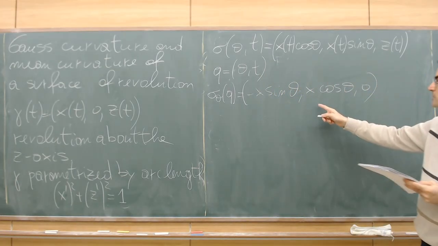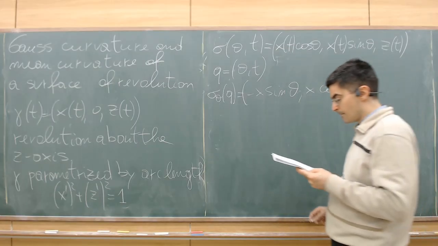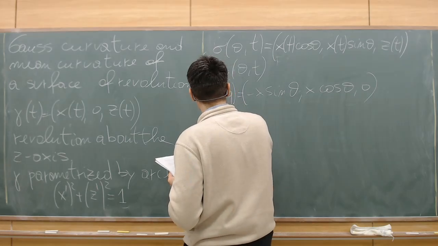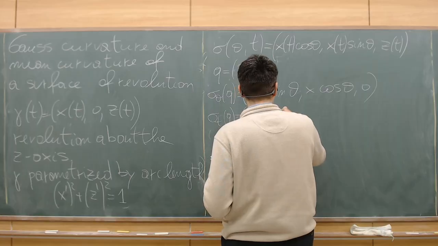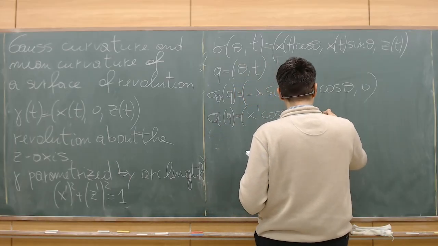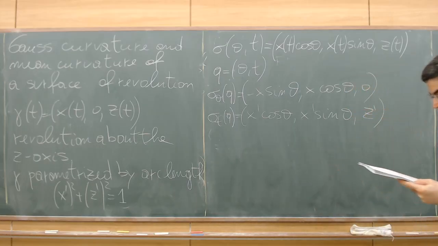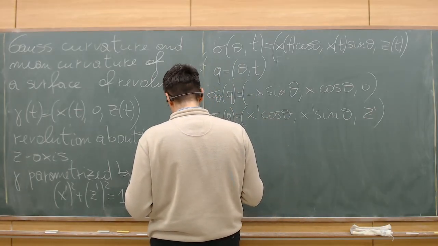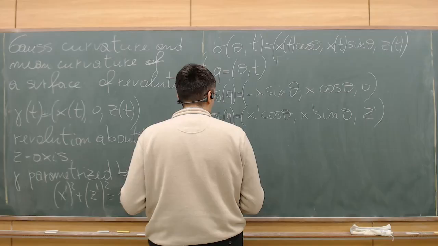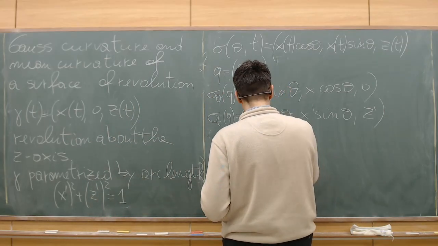So here I dropped the independent variable t, and sigma t at q is x prime cosine of theta, x prime sine of theta, z prime. The coefficients of the first fundamental form are given by these formulas.